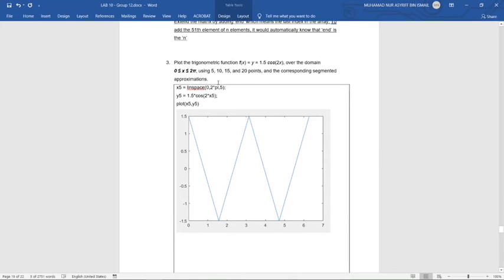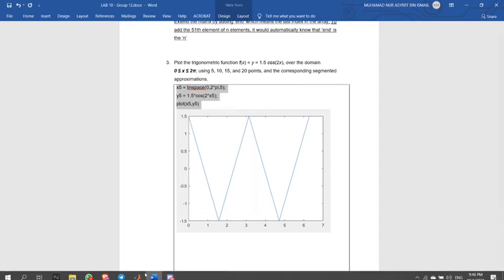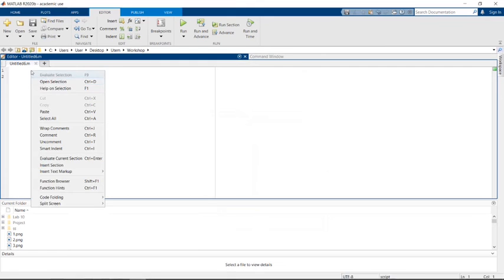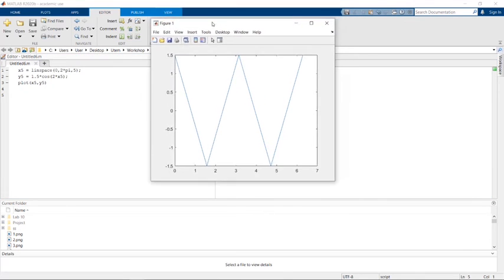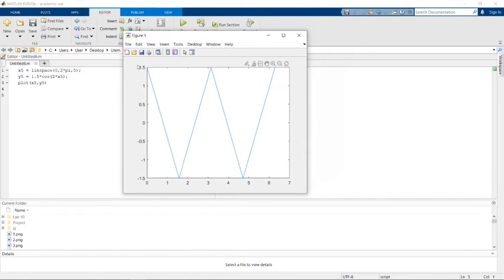For the next question, we plot the trigonometric function over the domain by using 5, 10, 15 and 20 points. After that, we just write this code and run it, and we got the graph.